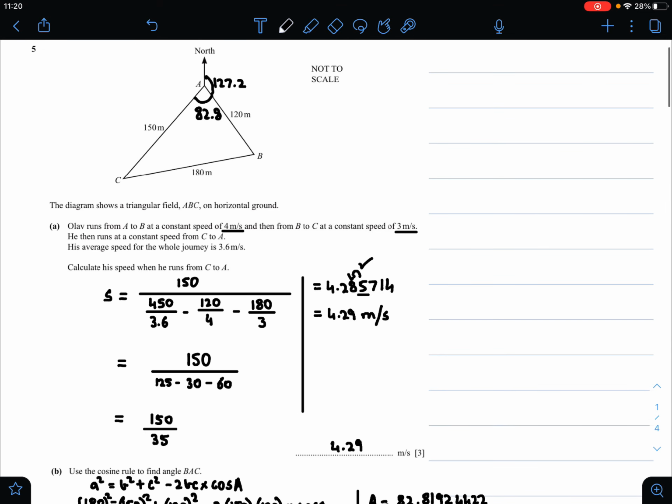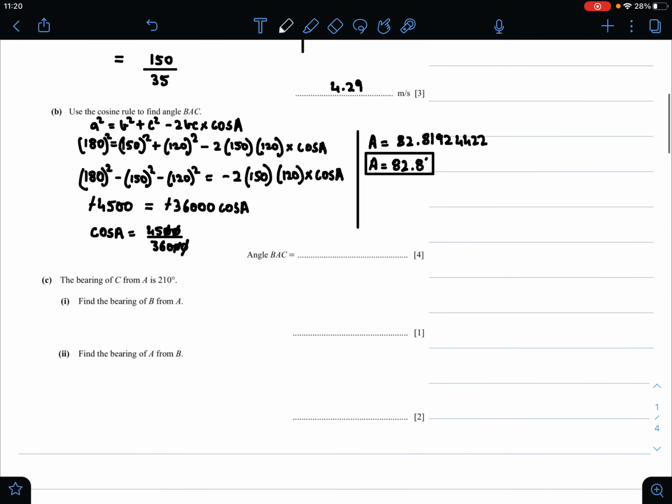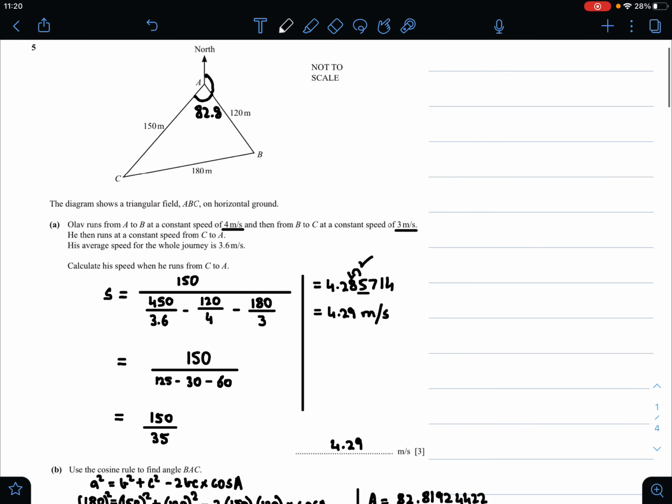Always while finding a bearing, we have to always move in the clockwise direction. So therefore the entire angle, which is 210 in this case, minus 82.8 will give us the remaining part of that angle, which is 127.2 degrees.